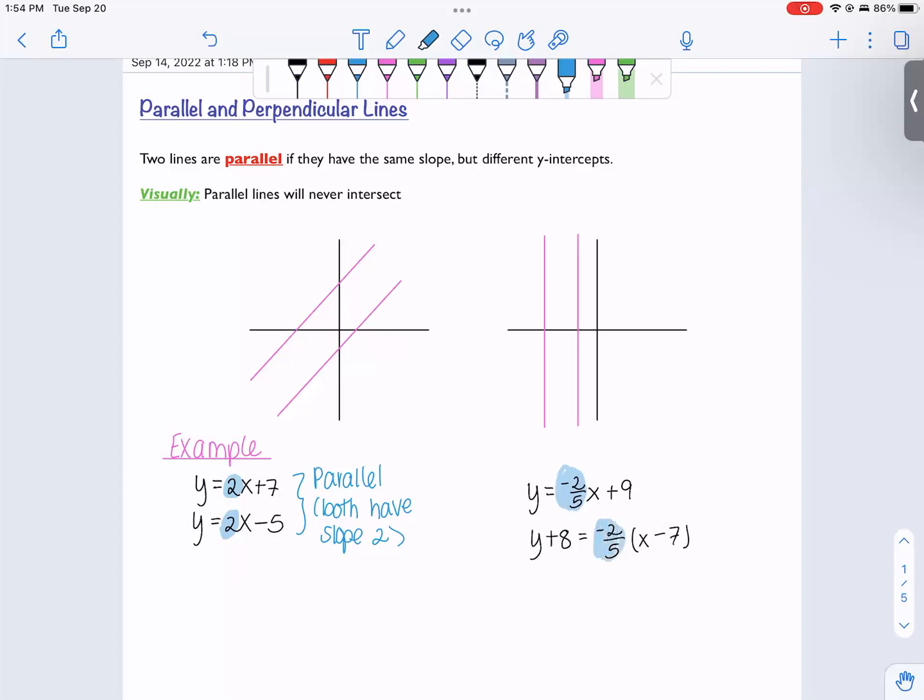It looks a little different because one is in slope-intercept and the other is in point-slope, but they are still parallel. Okay. So parallel lines have the same slope, different y-intercepts. They'll never intersect.